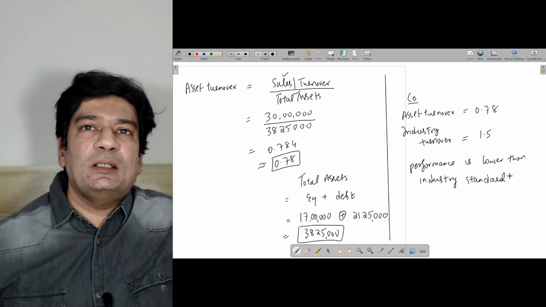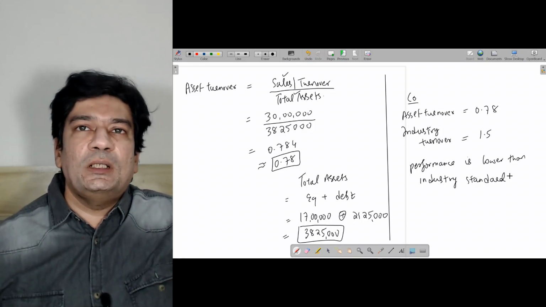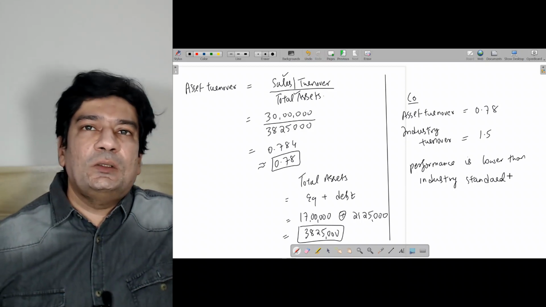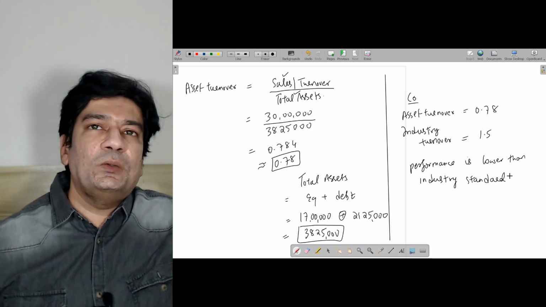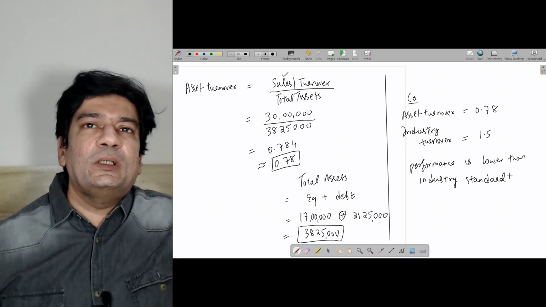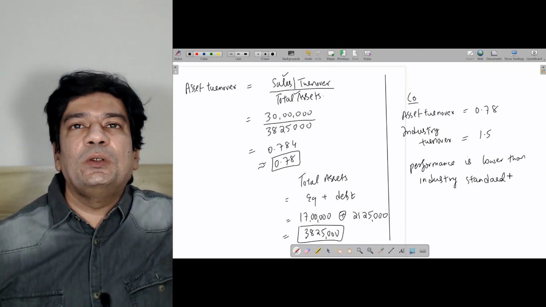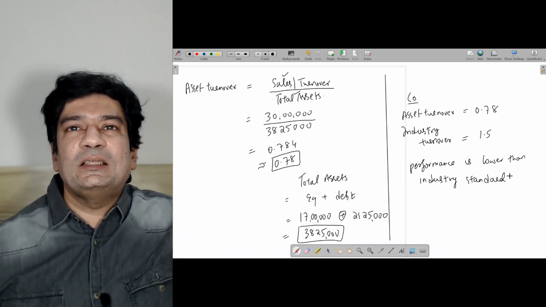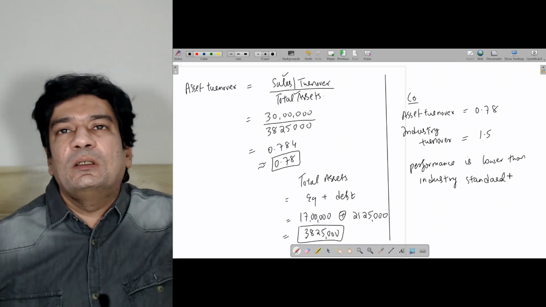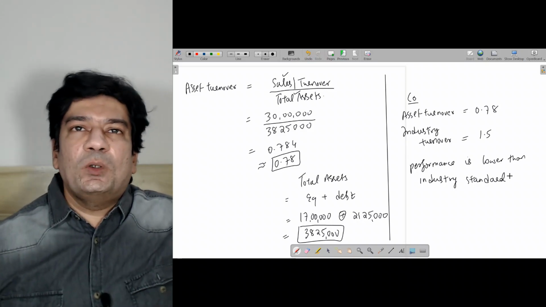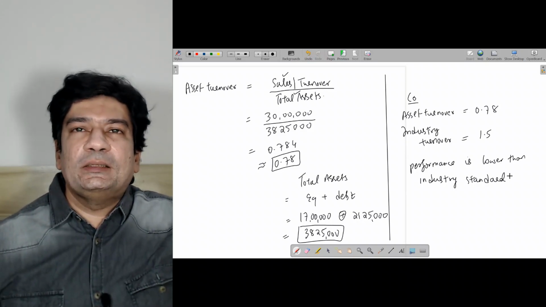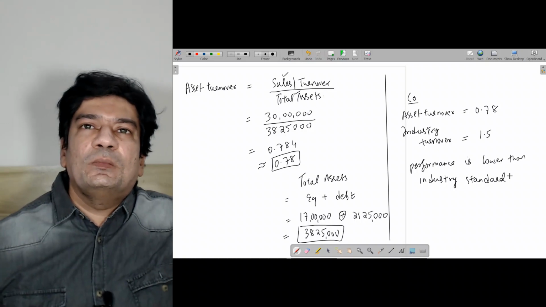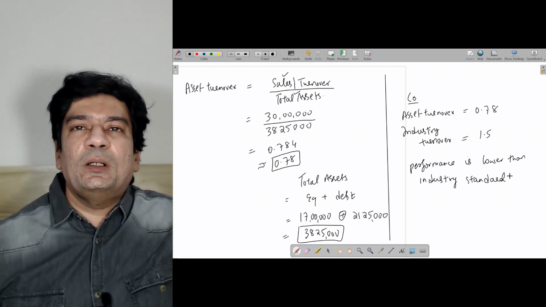The sales are less compared to the total assets, or the total assets are more compared to the sales. In other words, the company is not able to use its assets efficiently. So that's why the asset turnover ratio is coming low. That will be more clear when we do ratio analysis. Right now, the company is not at par with the industry.